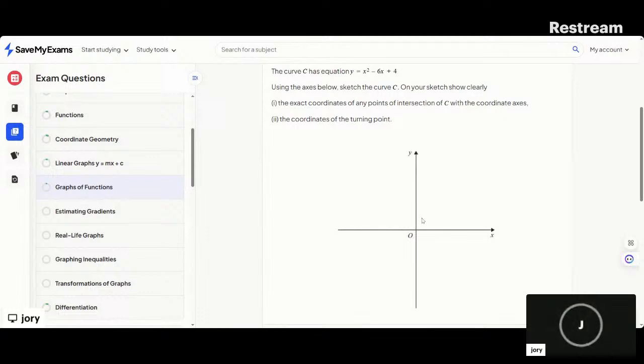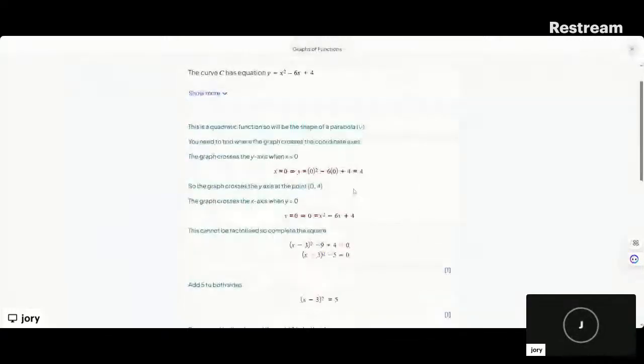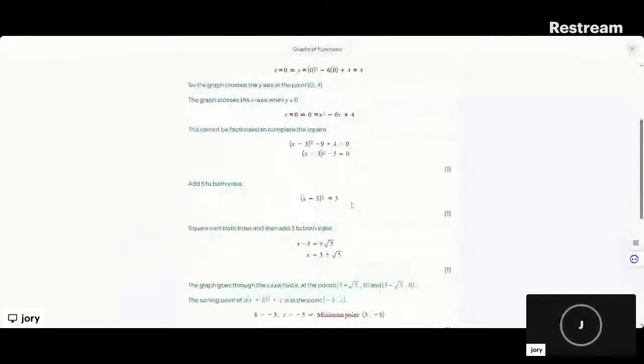Okay, that's the x's for the intersection. Am I even right? Am I on the right path? I'm not. Oh wait, I am. Never mind. I just used the quadratic formula. Why did they even complete the square?